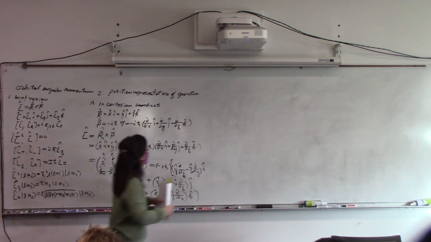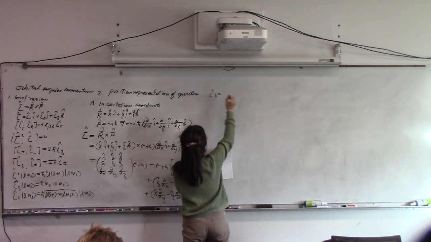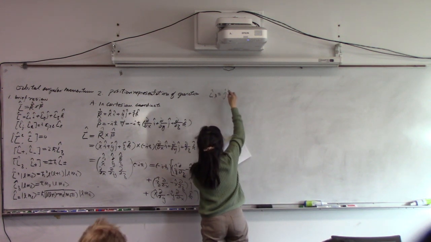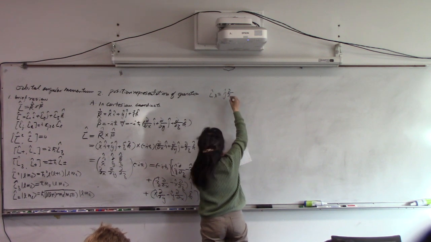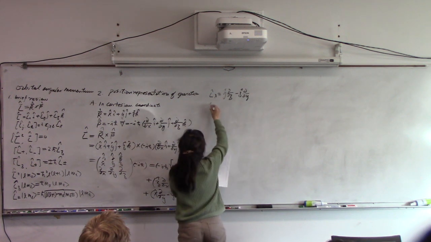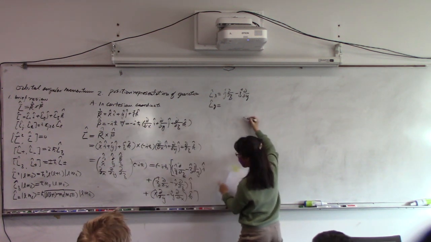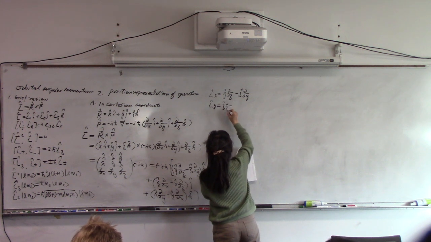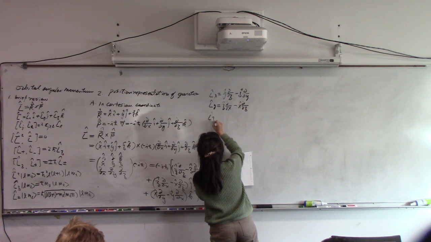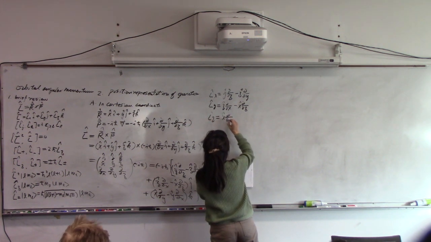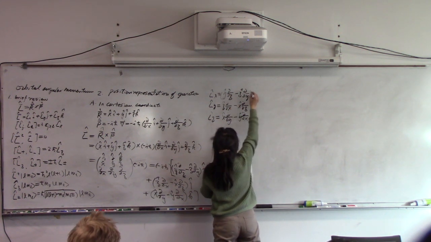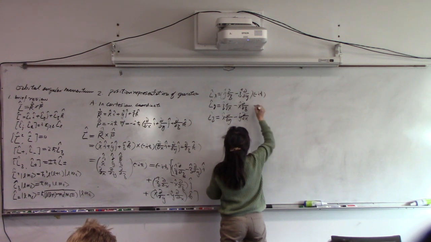Compared with this, we immediately obtain L x in the position representation in Cartesian coordinates: Y partial Z minus Z hat partial Y. And L y is Z partial X minus X partial Z. L z is X partial Y minus Y partial X. Sorry, we have minus i H bar. I have to carry this constant.